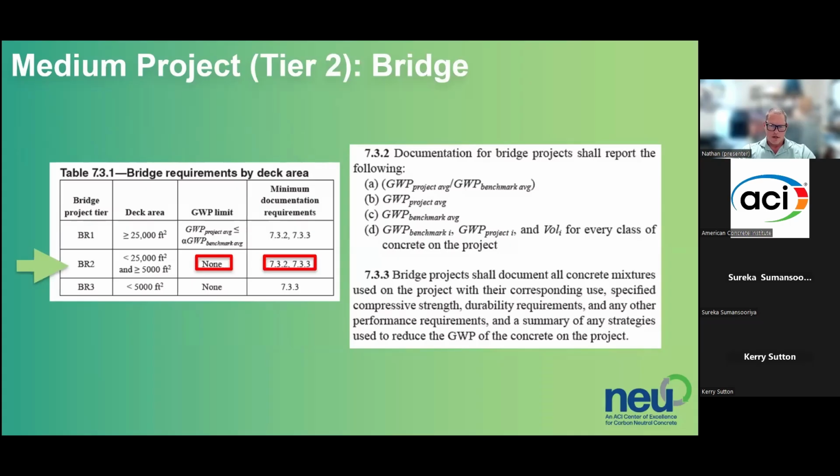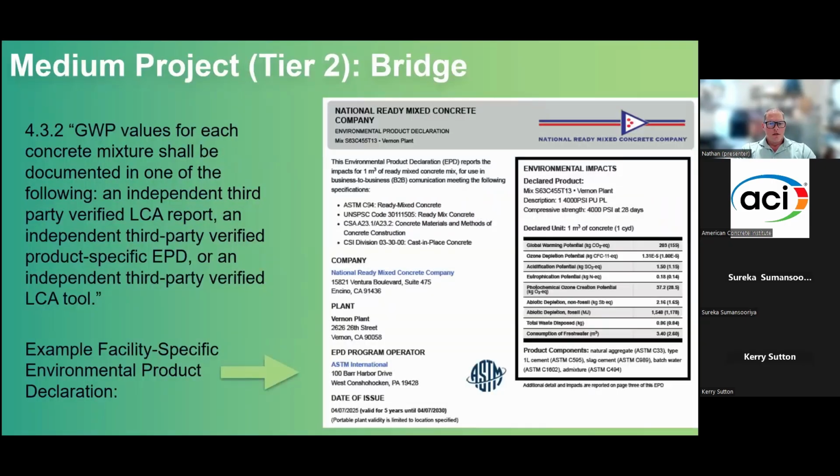So in addition to that 6.3.3 paragraph that required that summary, we also have the 7.3.2 paragraph, which requires us to figure out what the GWP project average is, the benchmark average, and the individual, and report the individual benchmark values and project values for each class of concrete on the project. So again, we're going to need facility-specific or product-specific environmental product declarations or third-party verified LCAs, right? Those are the means to comply with this documentation requirement.